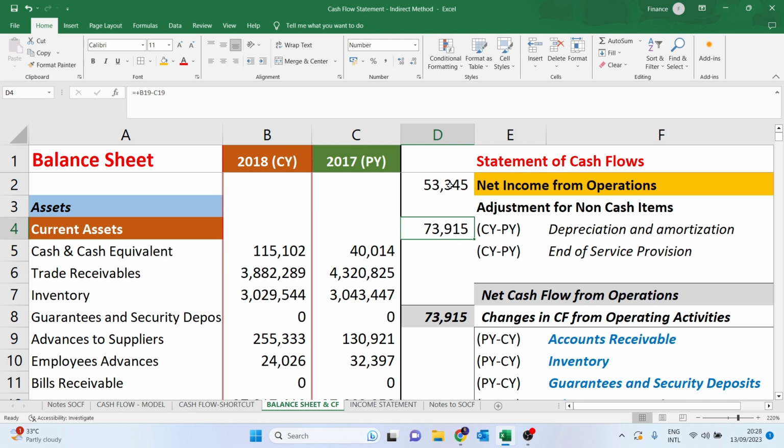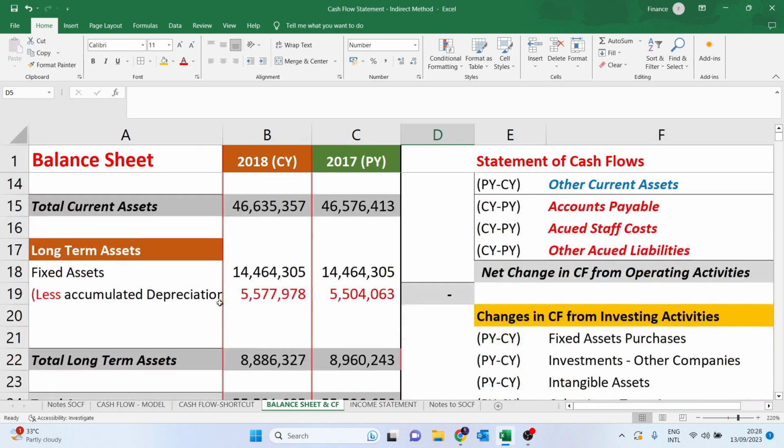This is a plus amount added back to the net income, right? Because during the depreciation write-off, our income is affected. Our income is reduced because of this amount. So that is why we are adding it back, because this depreciation is not at all connected to cash.